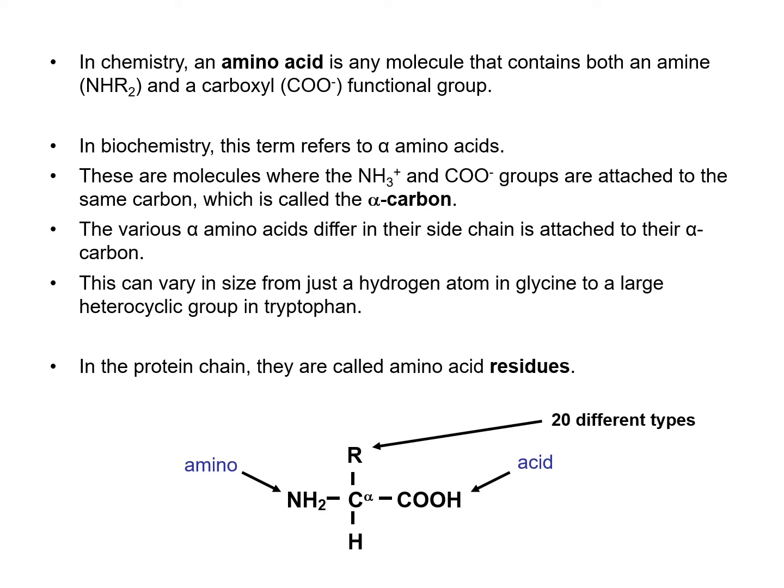Anyway, amino acids, especially in biochemistry, refer to alpha amino acids, where the alpha carbon connects the amine and the carboxylate group, and there's a hydrogen atom attached, as well as the R group, which is a functional group.